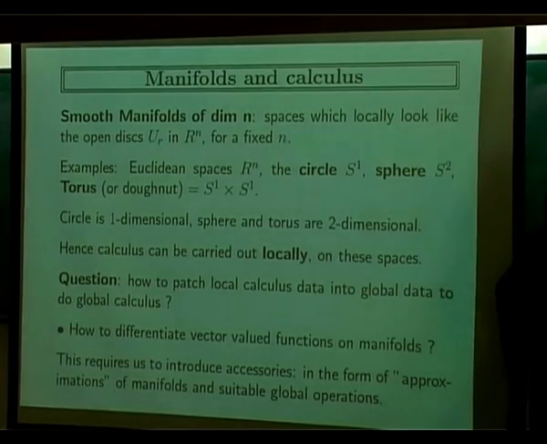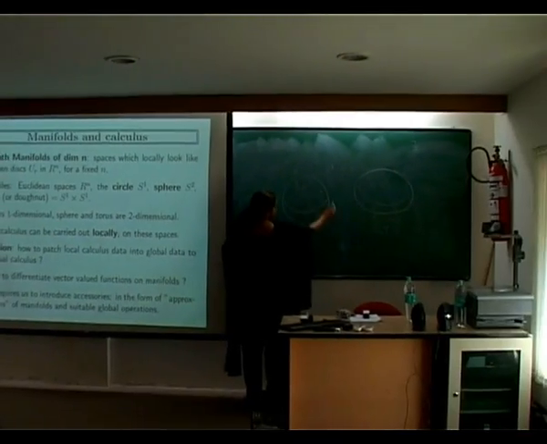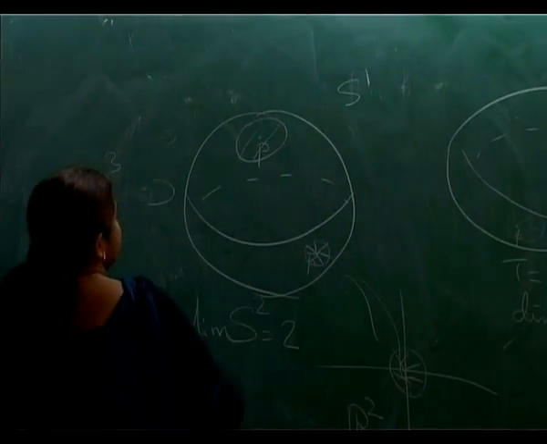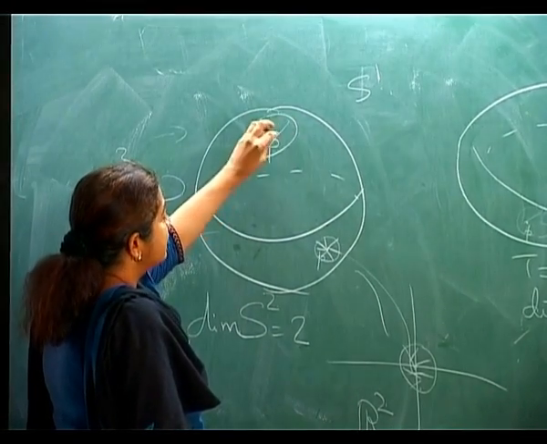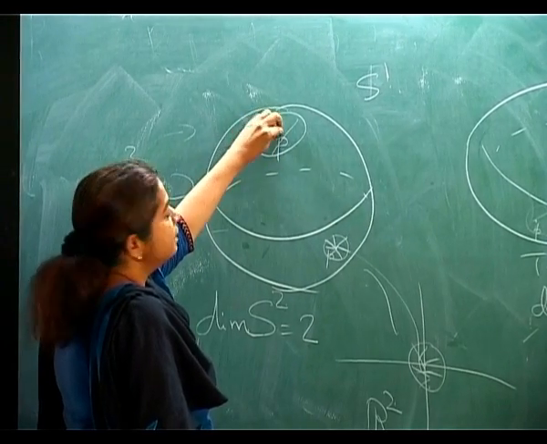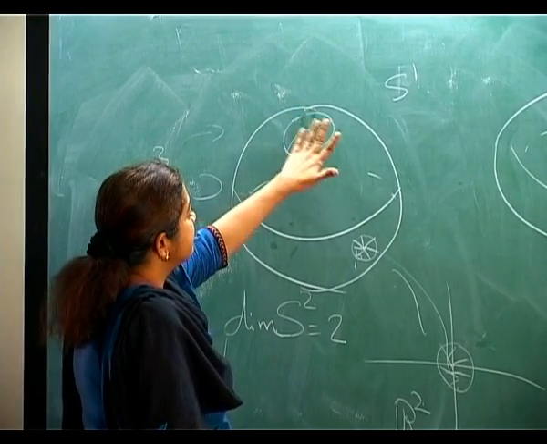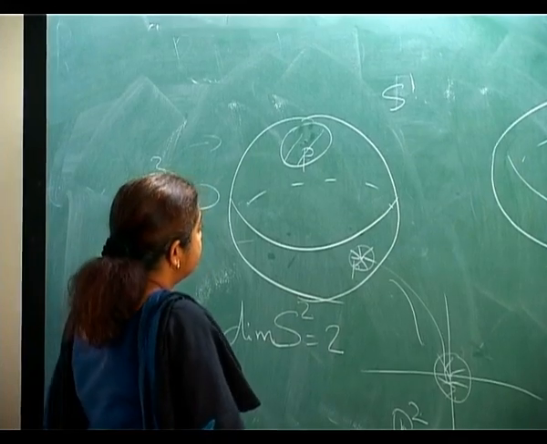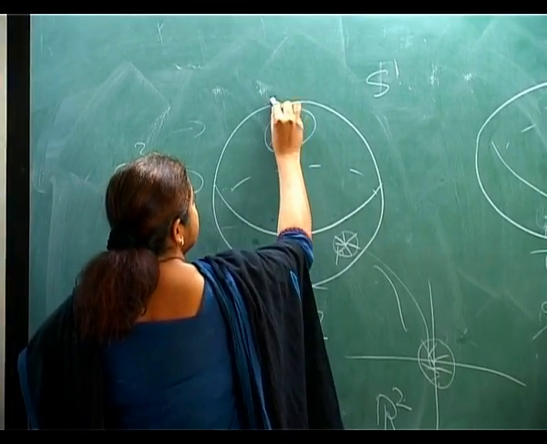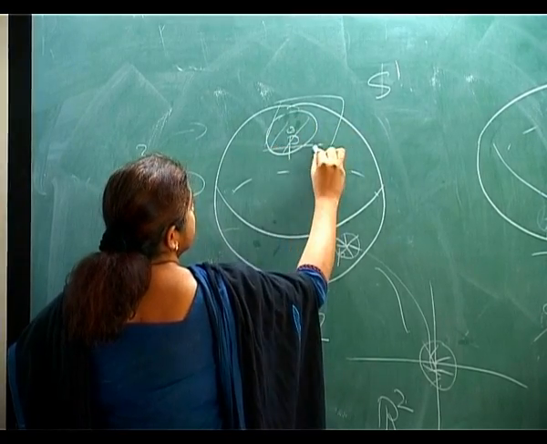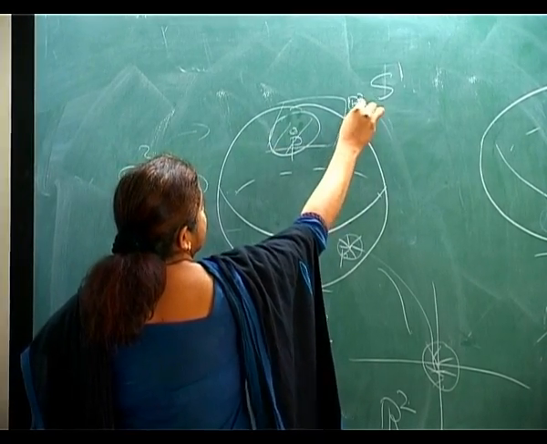So by definition it means that locally it looks like some open subset in something. So you just flatten this open subset, at least locally in a very small neighborhood of P, so you can think that it is actually a real n-plane, in this case R2. So actually at any point you attach R2.